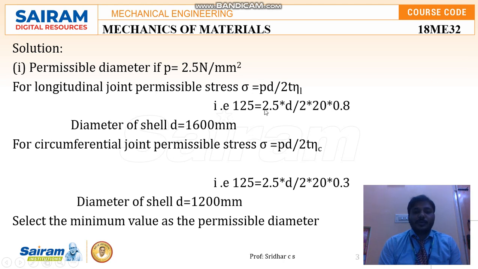Now by taking D outside and cross multiplying, that is 125 into 2 into 20 into 0.8 divided by 2.5.